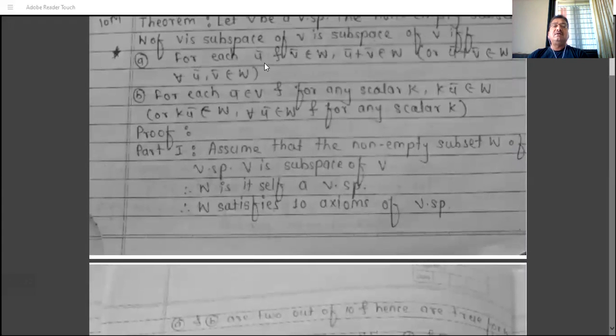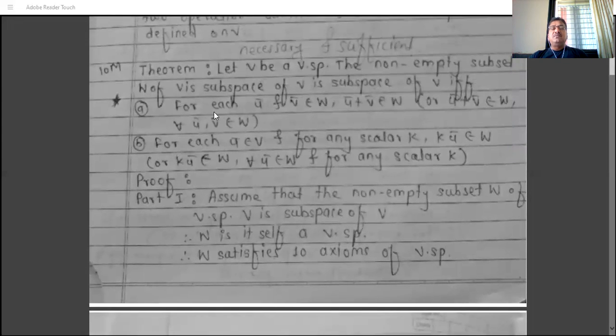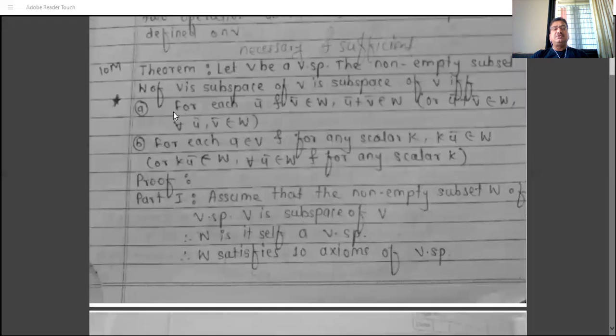These A and B are the closure axioms C1 and C2, and as W is a subspace, W is a vector space, and W satisfies all the 10 axioms of vector space. Obviously A and B are 2 out of that 10. Out of that, these two A and B are 2 out of that 10, and hence are true for W. No need to show these two properties.